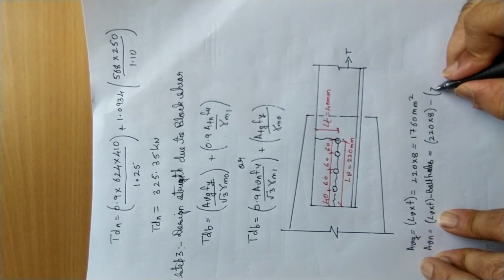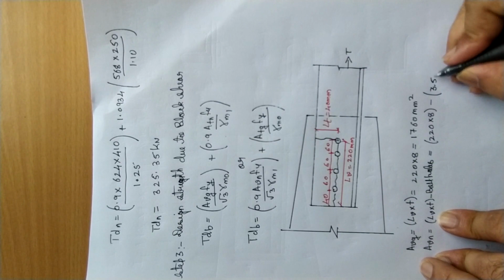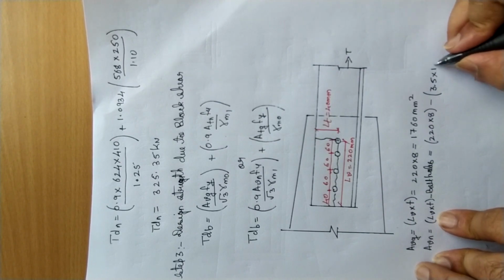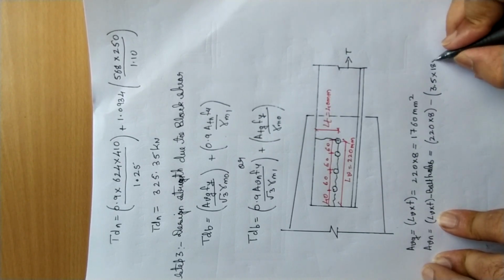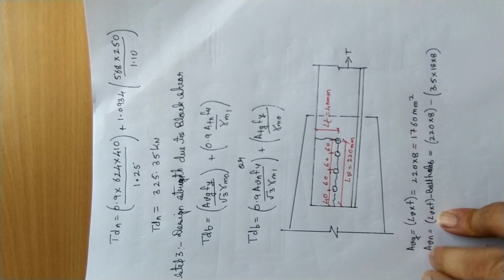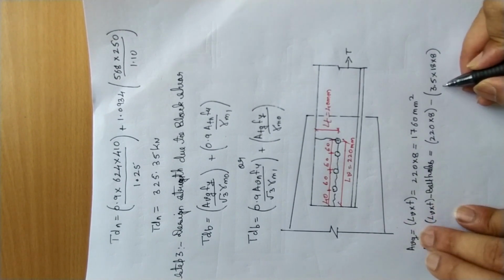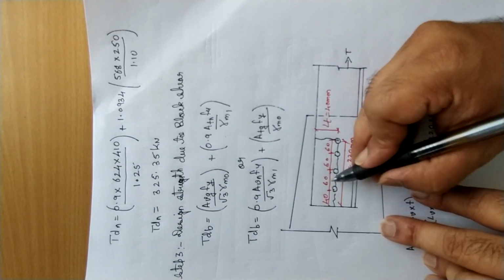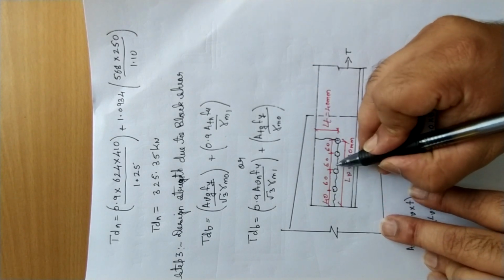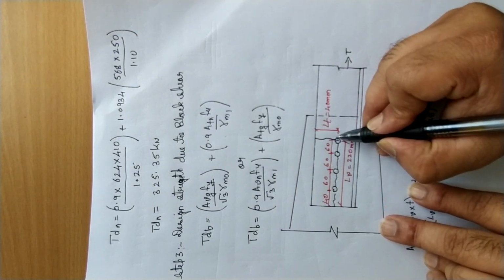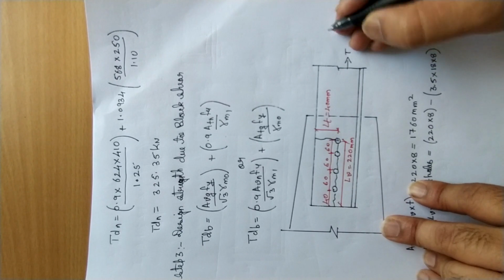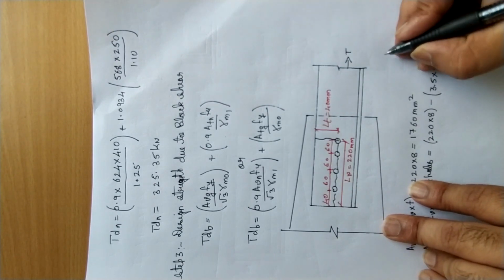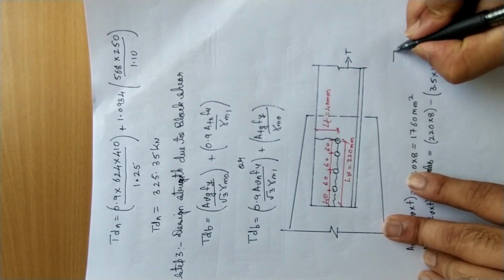So this becomes 3.5 bolts into diameter of the bolt hole into the thickness. This is very important, because this bolt will get cut into two parts, this into two parts, this into two parts, and this into a quarter part. I will draw the failure portion, how it fails here. It is going to fail like this.